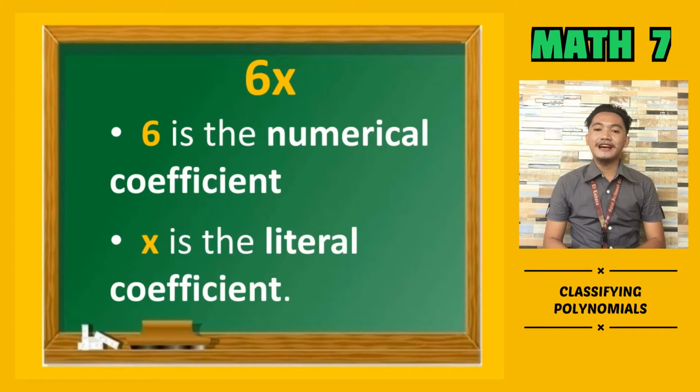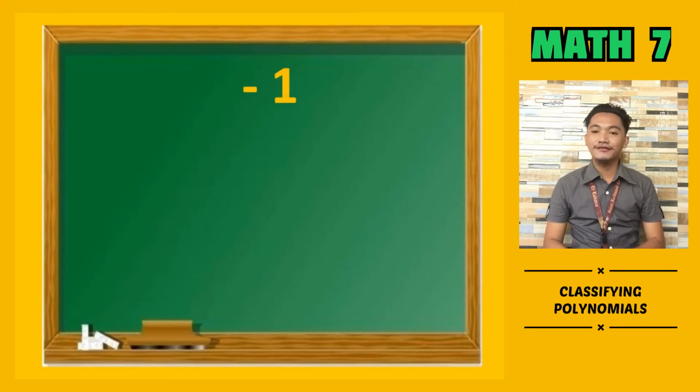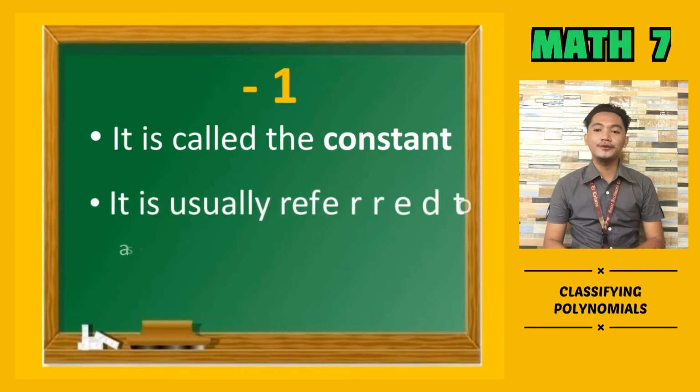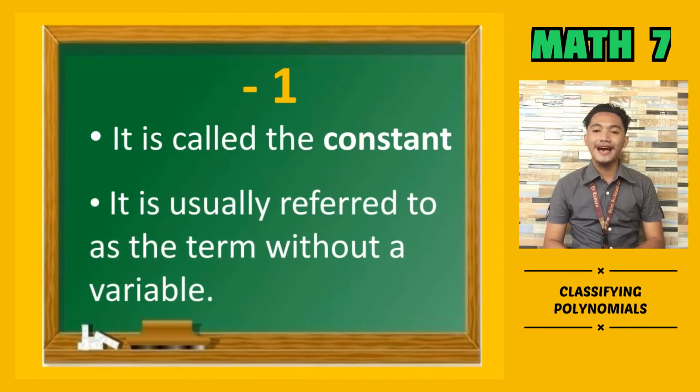The last term of the algebraic expression that I presented to you earlier is negative 1. The term negative 1 is called the constant, which is usually referred to as the term without a variable. Now, based on the terms that I presented to you, we identified the numerical coefficient and the literal coefficients.